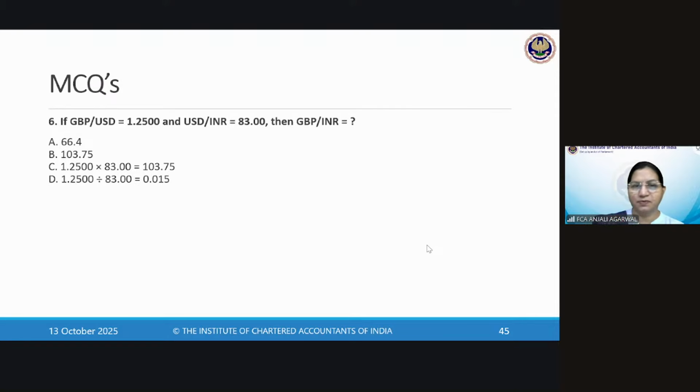Okay, what you're saying is 0.015. You are saying GBP INR. That means 1 INR will give you 0.015. Anyone else differs or all of you agree? Ma'am, B, 103.71. Someone is saying D, someone is saying B. But if you see, B and C are not the same. What's the difference between B and C?